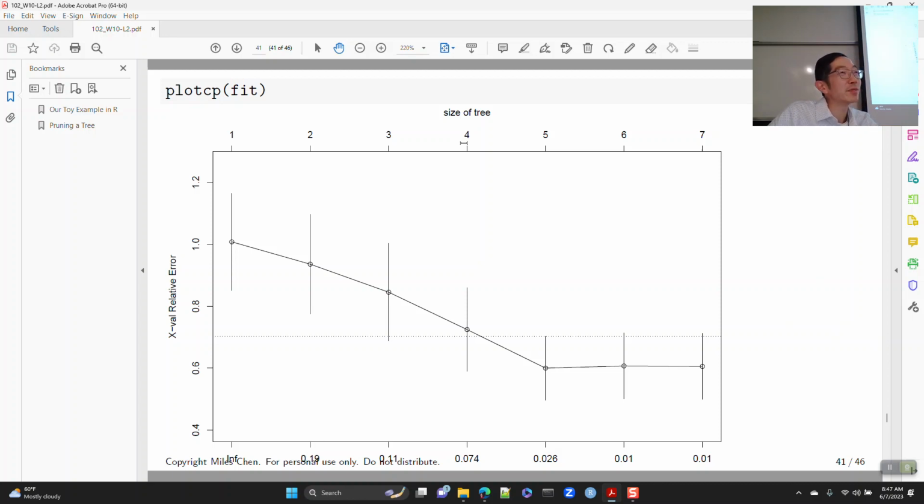Even though 4's cross-validation error is higher than that of 5, if it's within 1 standard error, we'd say maybe that difference isn't significant, and so it's okay. Again, kind of an arbitrary rule or guideline, but that's what this horizontal line represents.